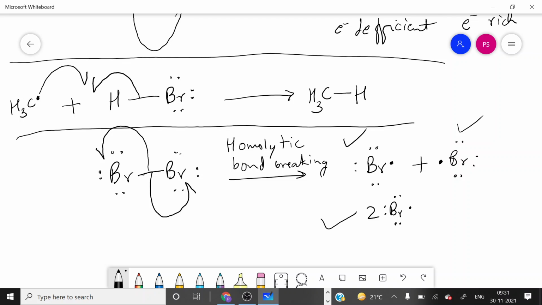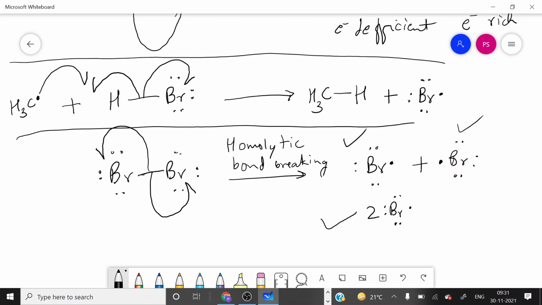Now what about the second electron? The second electron from the HBr bond shifts on bromine. Okay, the second electron of the sigma bond shifts on bromine, thereby forming a bromine free radical. You can see here.